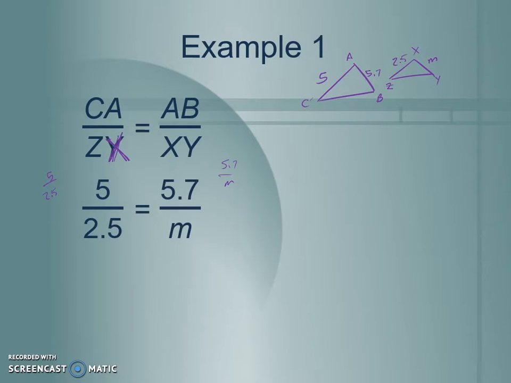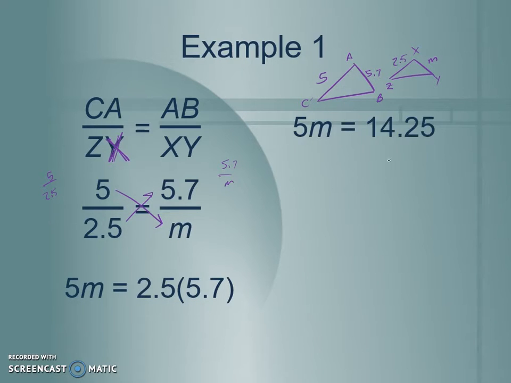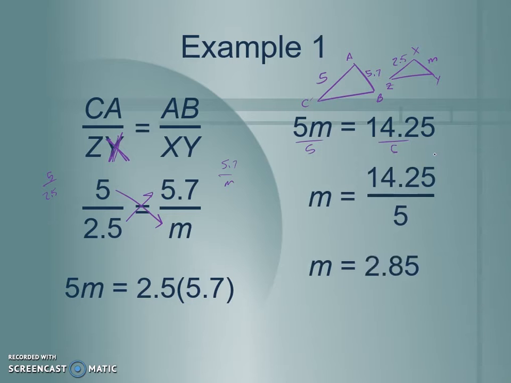Then we solve using cross multiplication. So we have 5 times m and 2.5 times 5.7. Plug those numbers into your calculator, you get 5m equals 14.25, and then finally to get m all by itself, you just divide by 5 and get m equals 2.85.